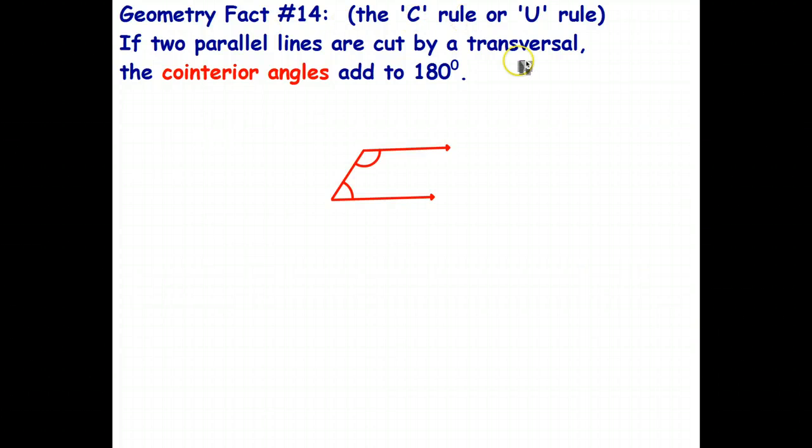Okay, and this is sometimes called the C rule because that looks like the letter C. If you turn that 90 degrees, it could be called the U rule because it looks like the letter U. Geometry fact 14, if two parallel lines are cut by a transversal, the cointerior angles add to 180.